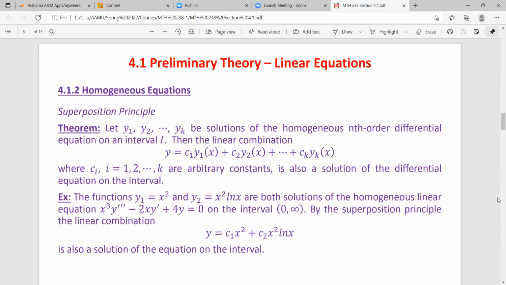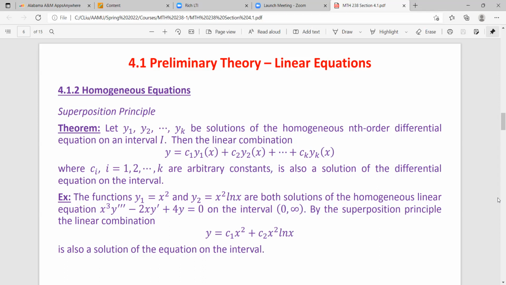So let's just look at one example. We have a differential equation here: x cubed y triple prime minus 2x y prime plus 4y equal to 0. And given that the functions y1 equal to x squared and y2 equal to x squared ln x are both solutions of the homogeneous linear equation.